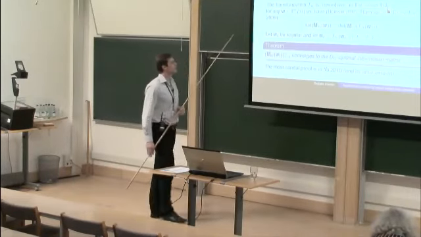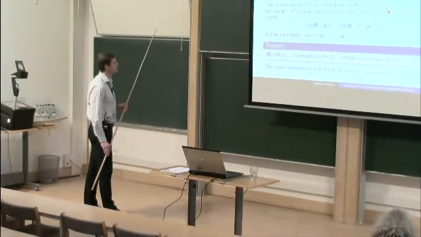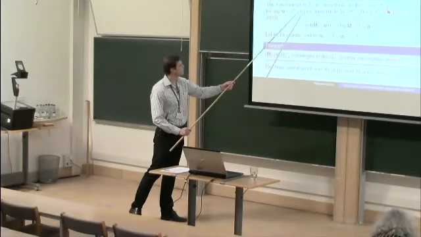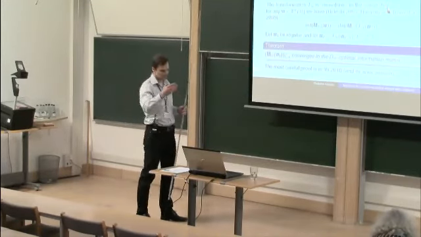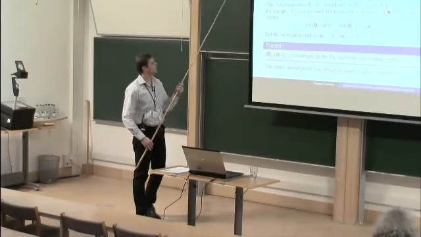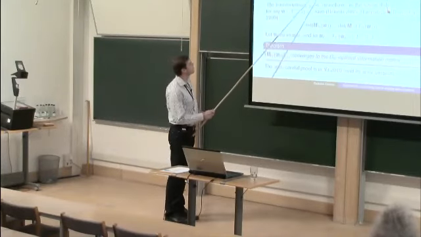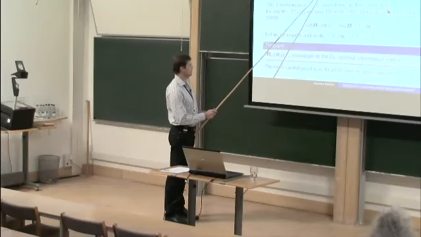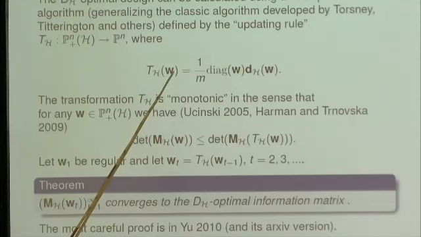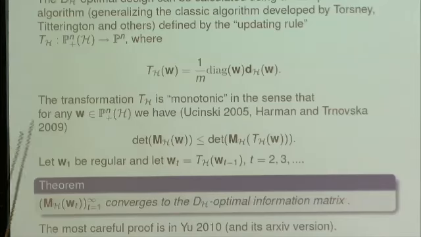What is much less trivial is that this transformation TH, for the standard case but also for this DH optimality, is monotonic. That is, if we have the determinant of the information matrix of design W, then the determinant of the information matrix of the new design in the sequence, THW, is at least as large as the determinant of the previous information matrix.